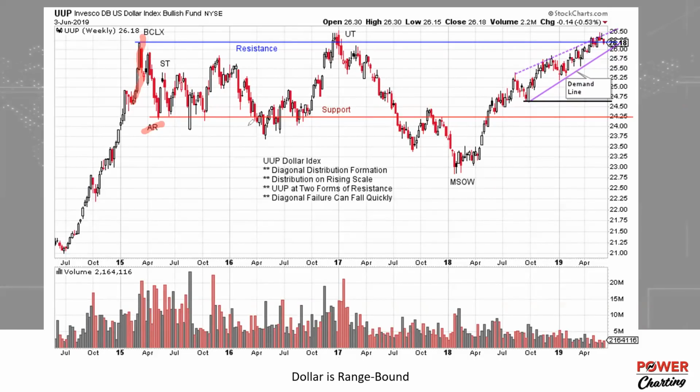And so the support area was breached slightly in 2016. Thereafter, a very stiff rally up into an upthrust right here, and then a long protracted decline that went down into a major sign of weakness in 2018.